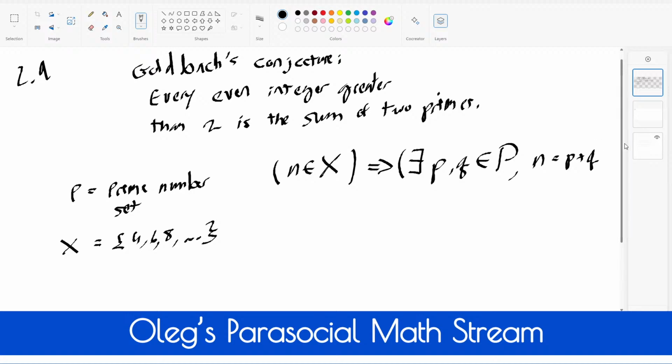All right, so now if you look at this, N contains the set X of the infinite chain of even numbers that are greater than 2.